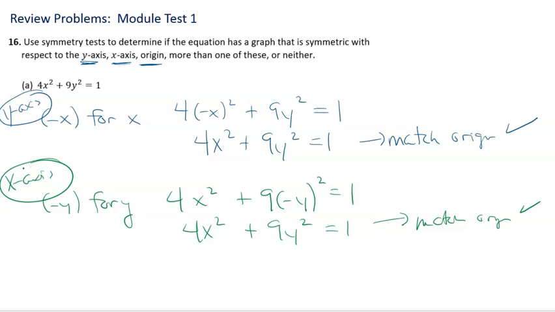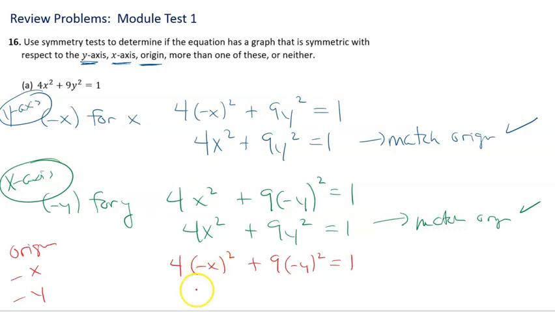And then finally, you check origin symmetry. And origin symmetry, you check both of them. So for origin, you do negative x for x and negative y for y. You do both. So look, if it's got both of these, it's going to have it, but I'm going to show you anyway. That's 4 times negative x squared plus 9 times negative y squared equals 1.